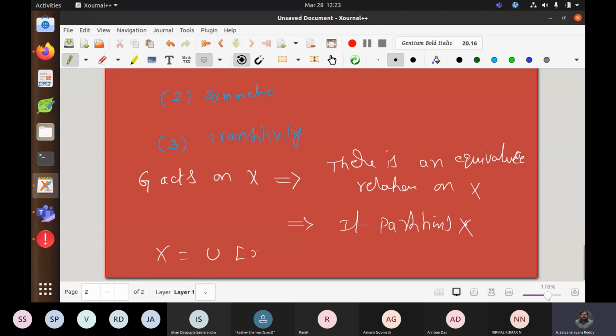X belongs to some transversal, which I will explain in a while.